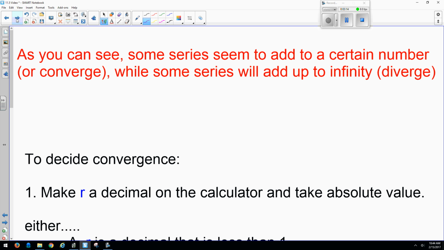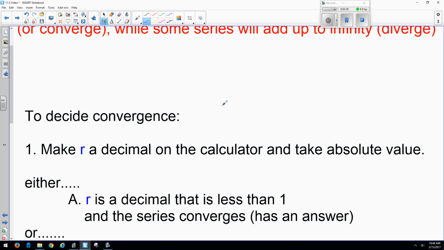As we saw in the first example, the numbers just continue to get larger and larger and eventually approach infinity. We call that diverging. Other times, as we saw in the second example, the series seems to add up to a certain number, and that's when it converges. Here's the general rule.